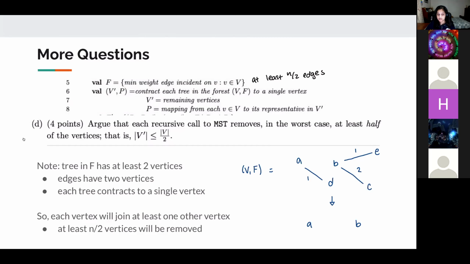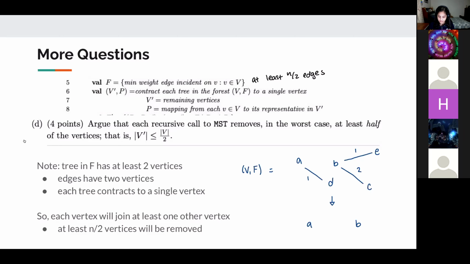So we're going to reduce the number of vertices by n over 2, because we are contracting all of the n over 2 edges. Is that more confusing or less confusing? Wait, so why do we know there are n over 2 edges, and how would that guarantee the recursive call removes half of the vertices? Like, how do we know half of the vertices will disappear because of the contraction?